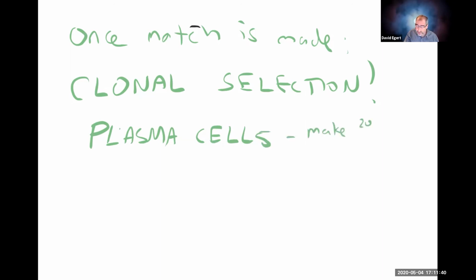They make something like 2,000 antibodies per second. So basically, they are spewing out into your body antibodies that recognize that exact same shape.